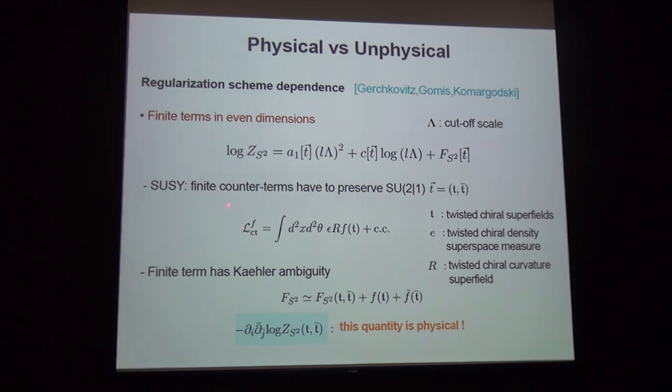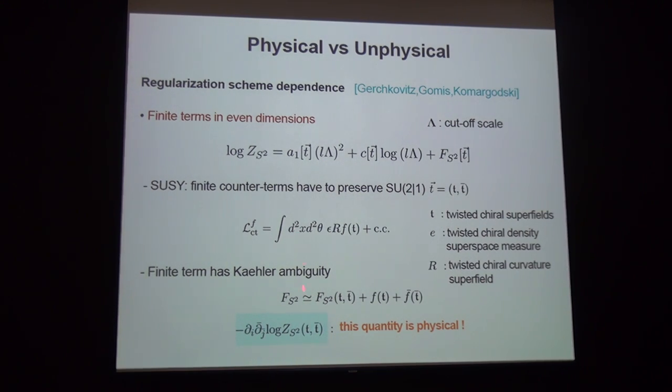And this finite contact term tells us that the finite term in the sphere partition function is ambiguous in a very particular way, which can be summarized by this equation. It's ambiguous up to a holomorphic function and its complex conjugate. This ambiguity is known as the Kähler ambiguity.